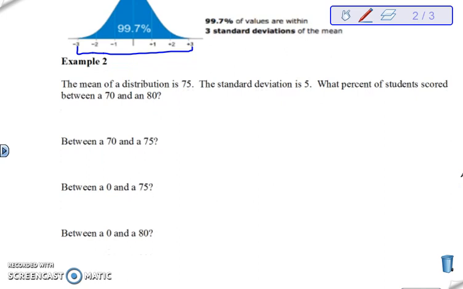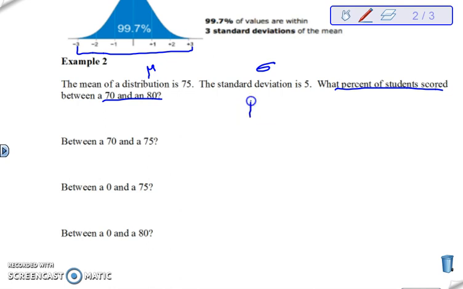Alright, so how are we going to do that? Well, first of all, they're always going to give us some information about our data. So we know our mean is 75. We know our standard deviation is 5. We want to know what percent of students scored between 70 and 80. So oftentimes you will see this calculation written out like so.